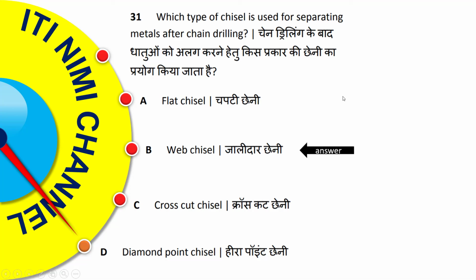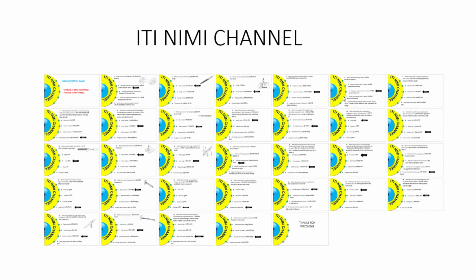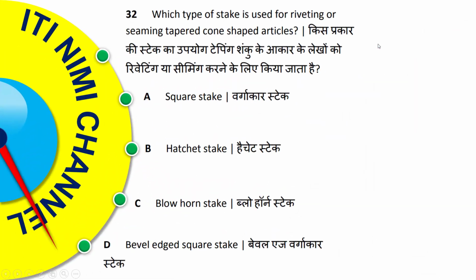The answer is web chisel. Which type of stake is used for riveting or seaming tapered cone-shaped articles? Square stake, hatchet stake, blowhorn stake, bevel edge square stake. The answer is blowhorn stake.